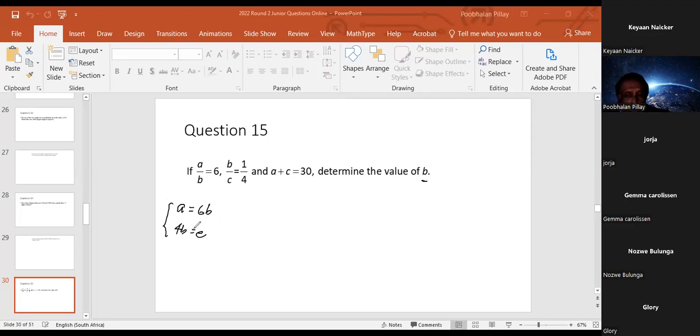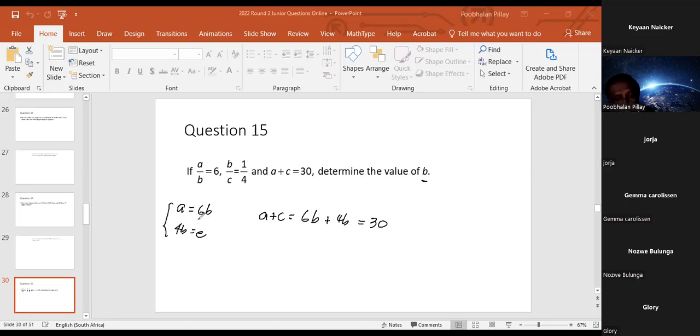Now you have C is 4B, you see. So A plus C, you can get both of them in terms of B. A is 6B and C is 4B, and that gives you 30. So that's an equation, because we know A plus C is 30.